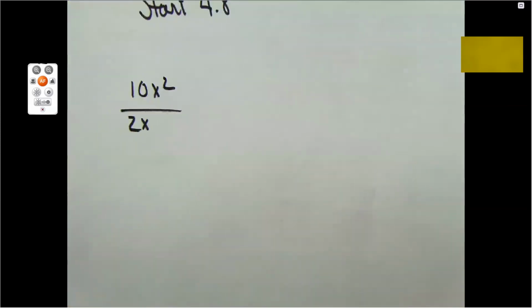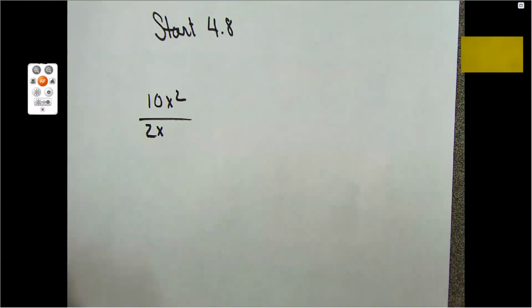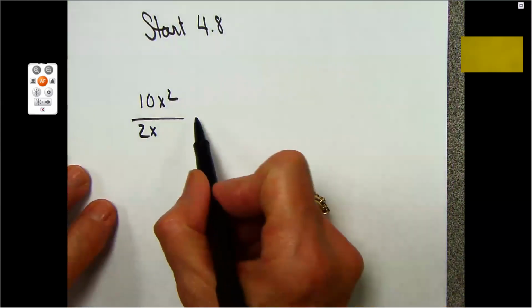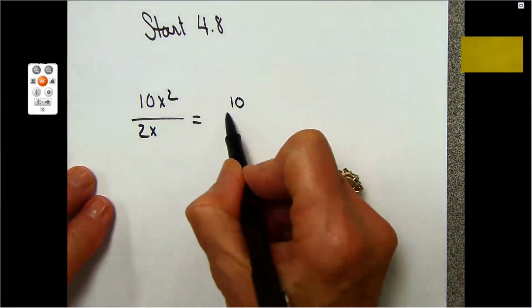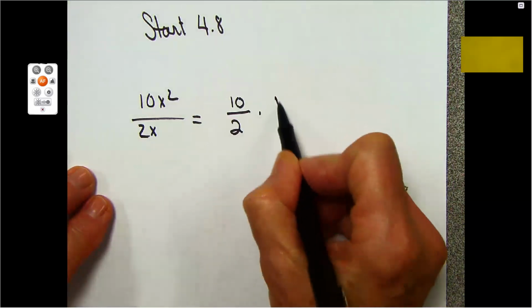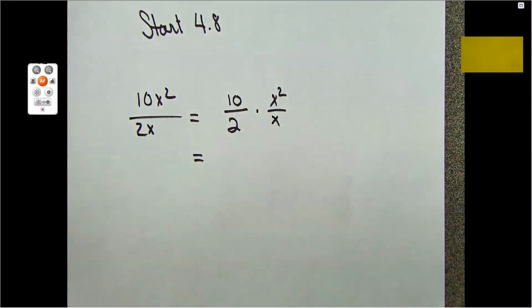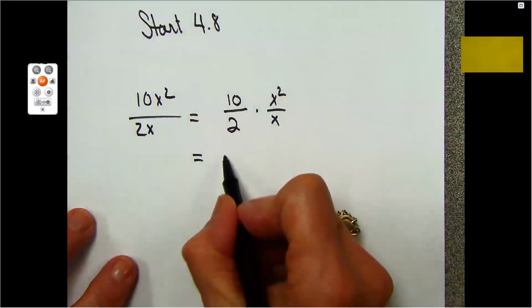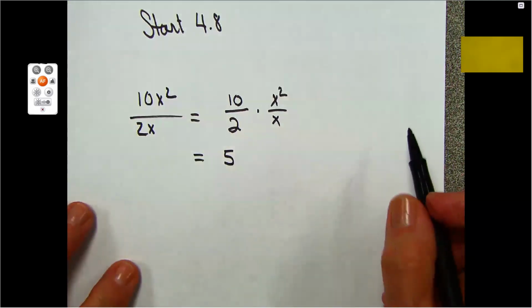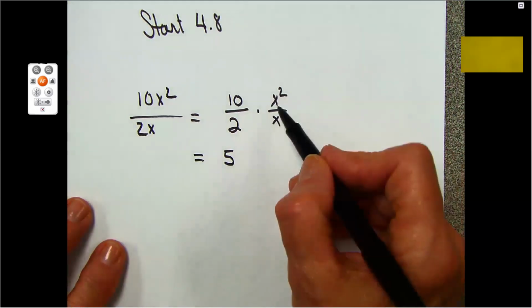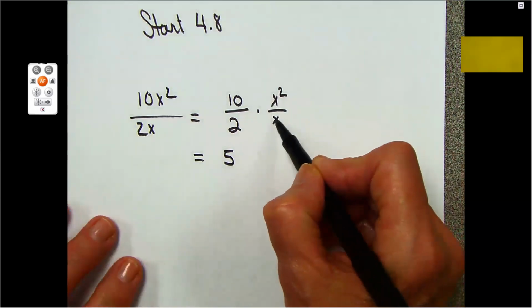So here we have a monomial divided by a monomial. And we can break this apart. And we know 2 goes into 10 5 times. And we remember our rules for exponents. We have like bases in the numerator and the denominator.